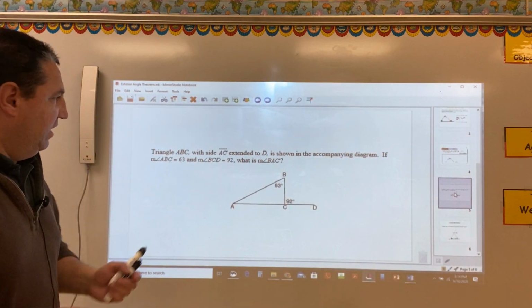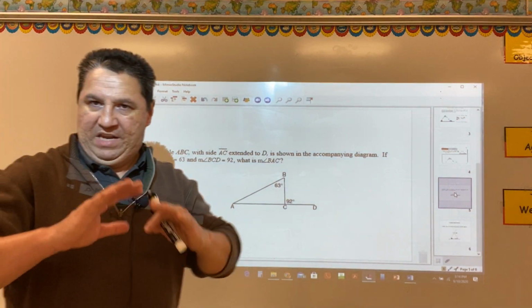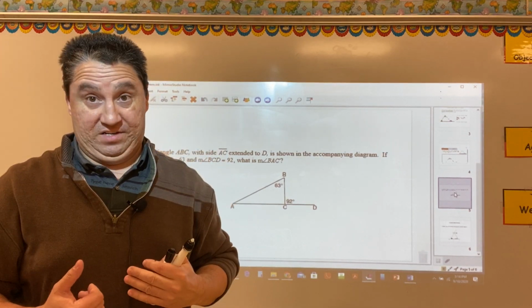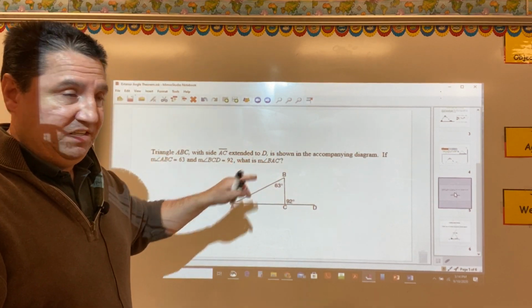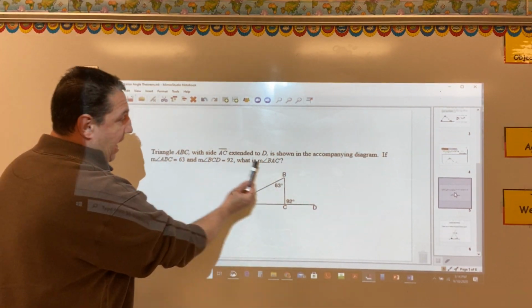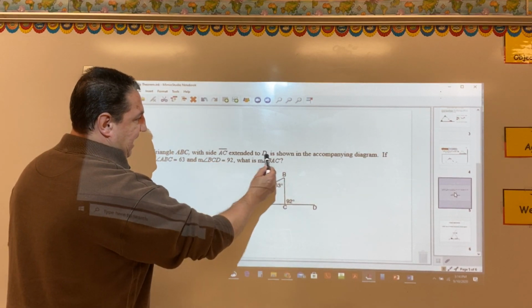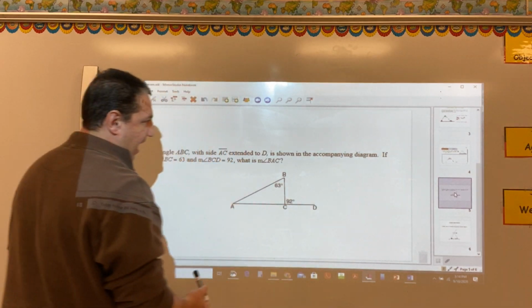Suppose we have this practice problem. Remember, I told you many times, when you have a problem, read the statement first. Don't try to solve the problem without reading the statement. It says, triangle ABC with side AC extended to D is shown in the accompanying diagram.